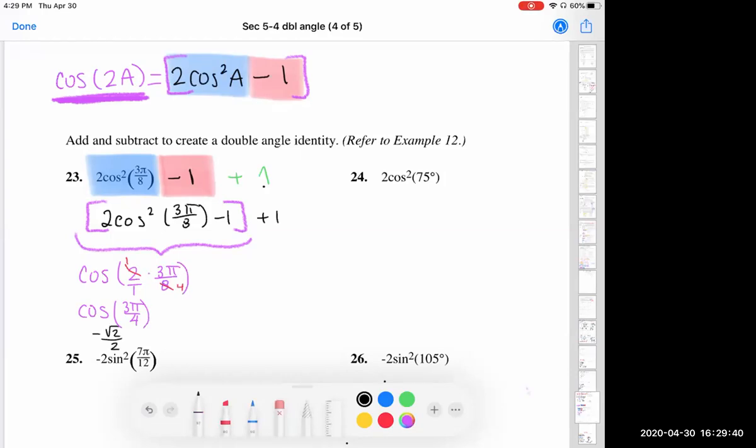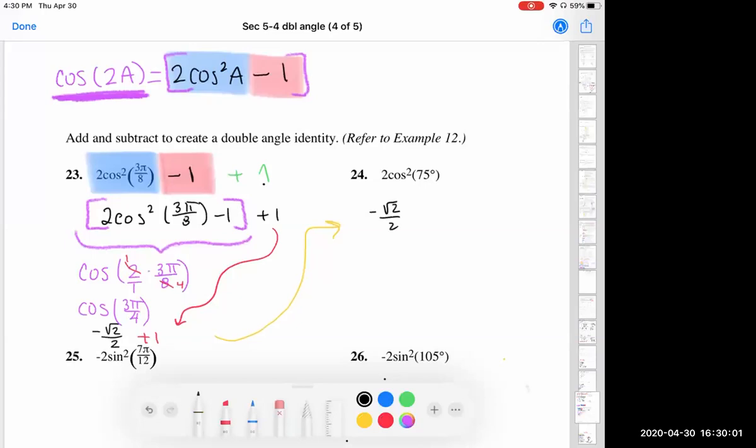Cool, just about done. Just don't forget about that plus 1 that you wrote. So then you write plus 1. So now you have to do a bit more work. Let me continue over here. I'm sorry for all my arrows. So now I'm left with negative square root of 2 over 2 plus 1.